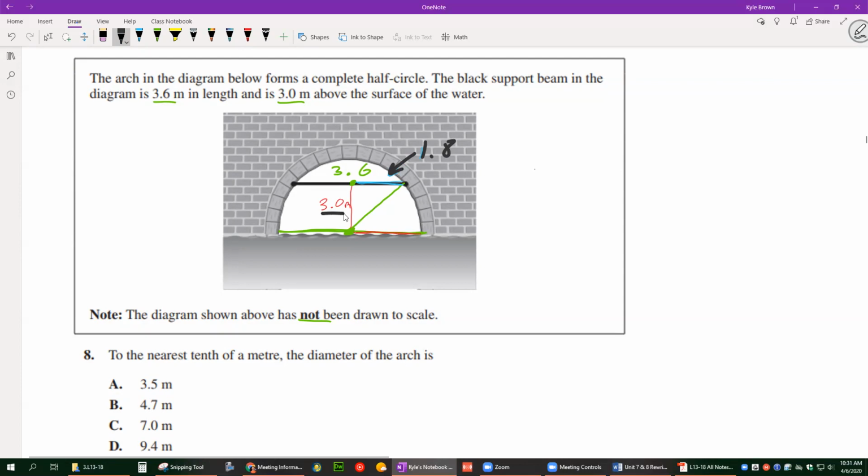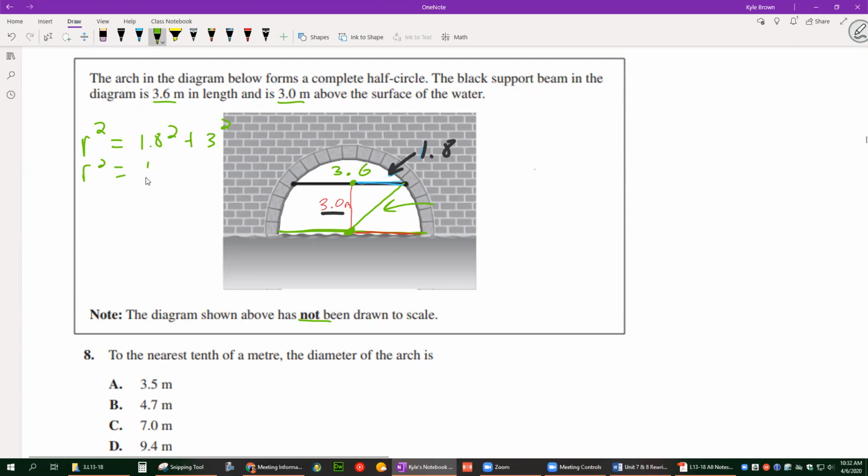And I know that this is 3, so now I can just solve for my hypotenuse, right? I can solve for this guy. So let's call that length r, because it will end up being the radius. So I'm going to call that r squared is equal to 1.8 squared plus 3 squared.